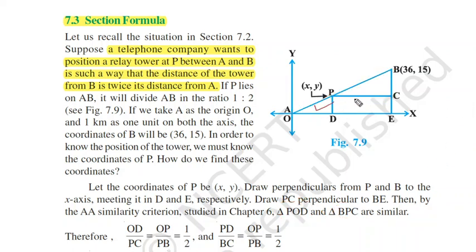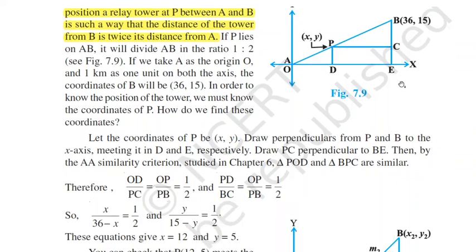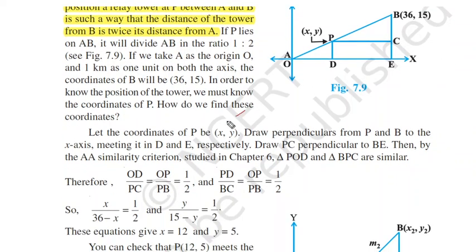As these two triangles are similar, their corresponding sides will also be in proportion. So we can write OD by PC will be equal to OP by PB, and previously it was given that OP by PB is 1 is to 2, so it will be equal to 1 by 2.